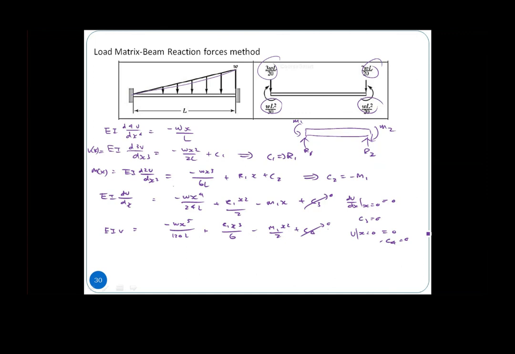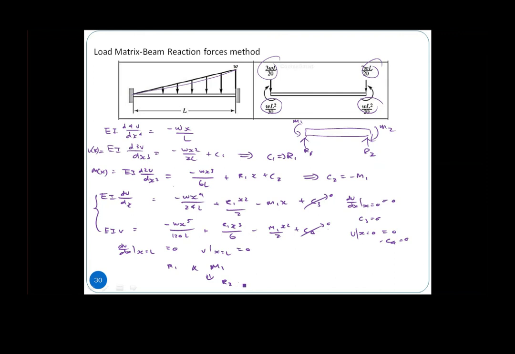Right? So from there, using these two equations, the slope and the deflection equation, we find dv/dx when x equal to L is equal to 0, and v when x equal to L also equal to 0. It gives us two equations. So from there we can find our R1 and M1, and then we can also find R2 and M2.